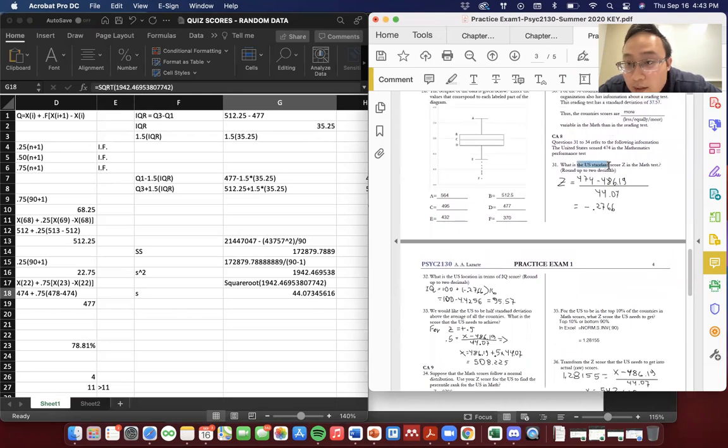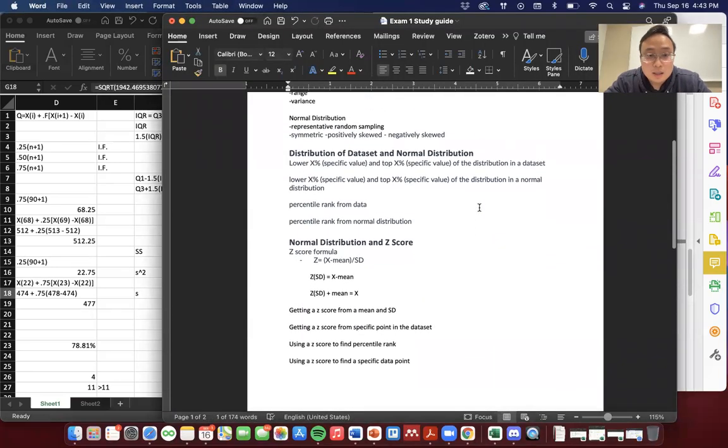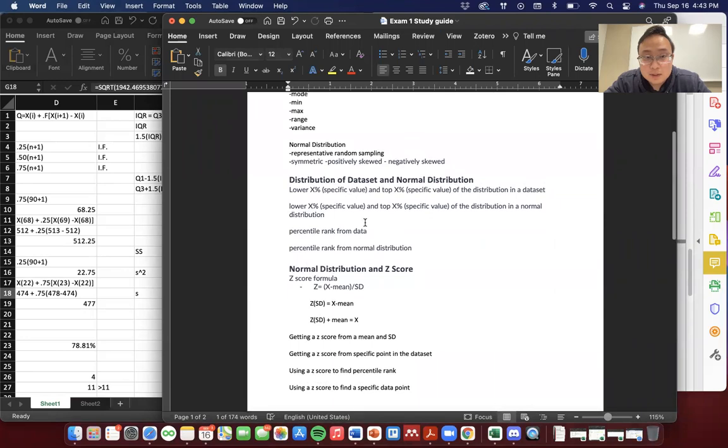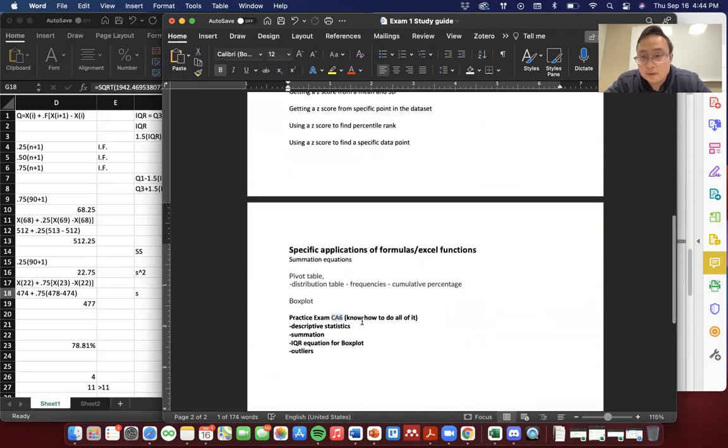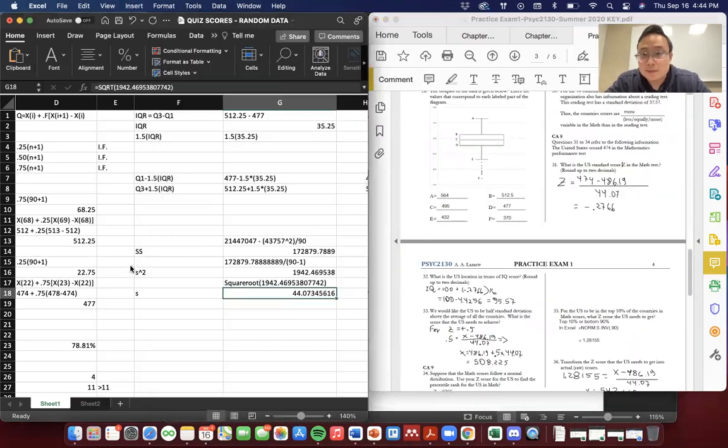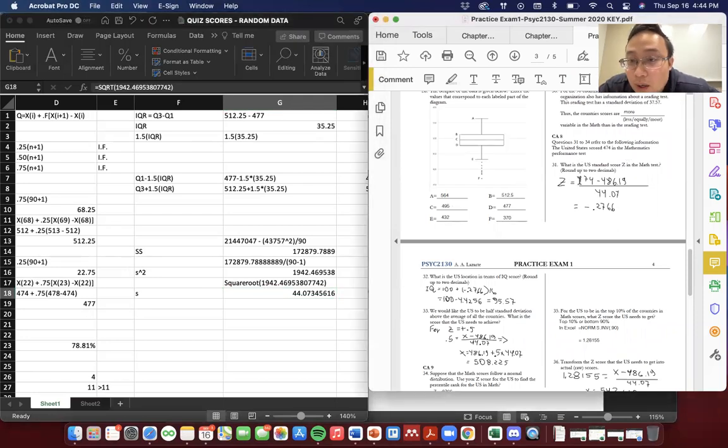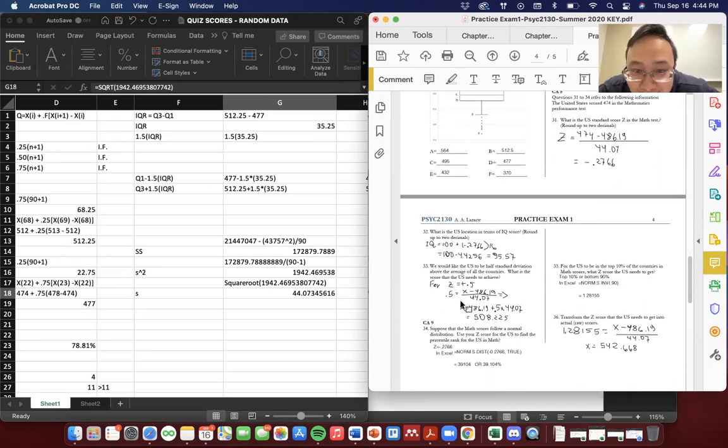What is the US standard score Z in the math test? Okay, so this is what we were talking about earlier, right? Where it gives you a specific value. The later one gives you a specific value, somewhere around here, like this.